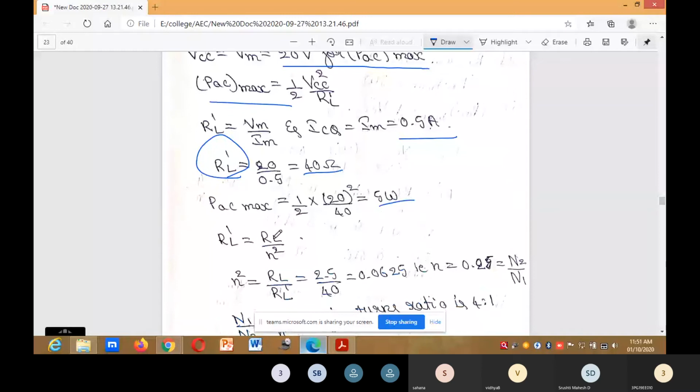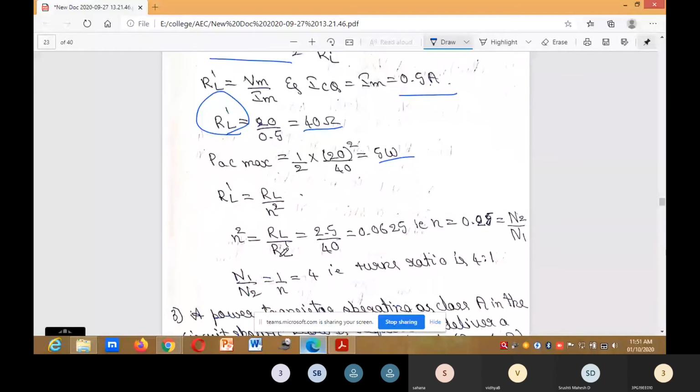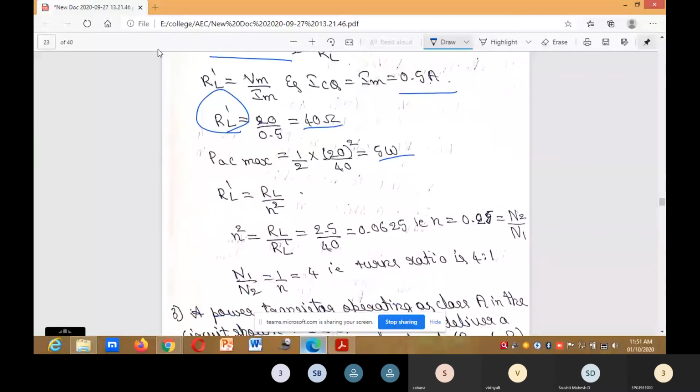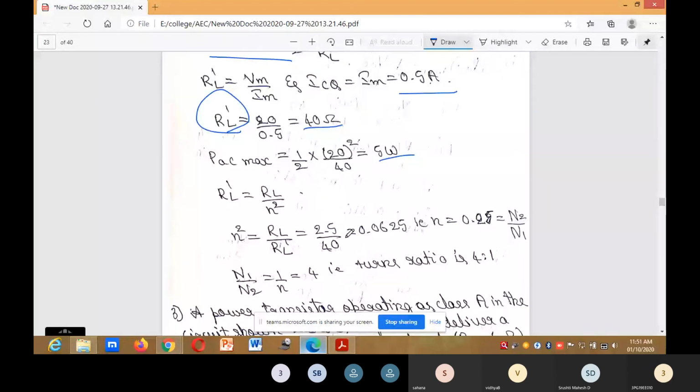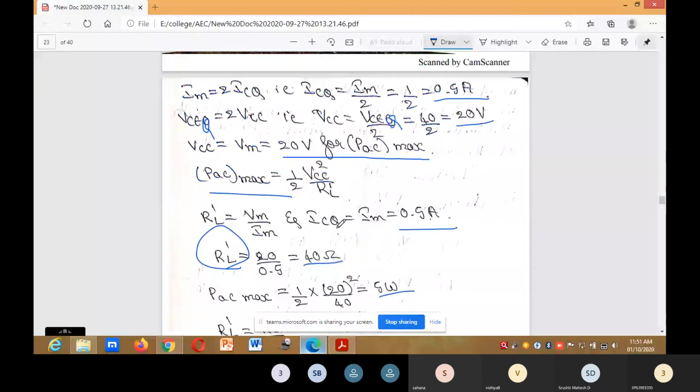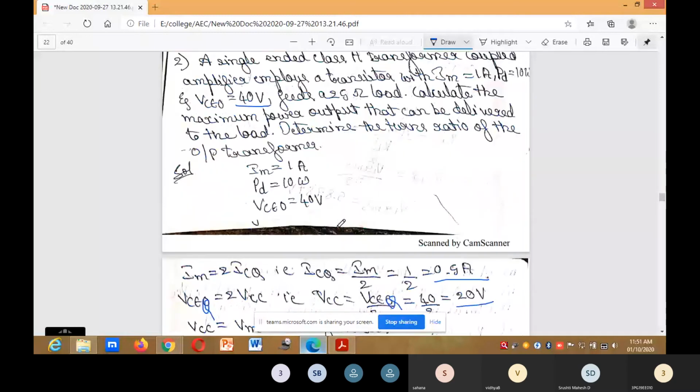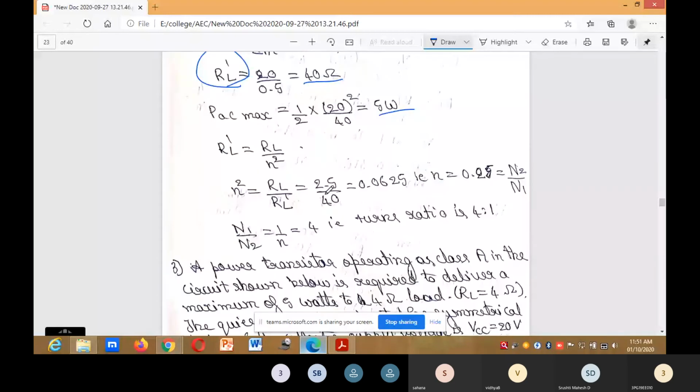RL dash is equal to RL divided by N square. We know the value of RL dash. We don't know the value of N square. RL we know. Okay, RL how much is it? RL is equal to 2.5. 2.5 divided by 40, you will get 0.0625.